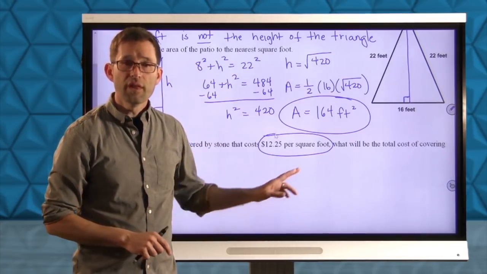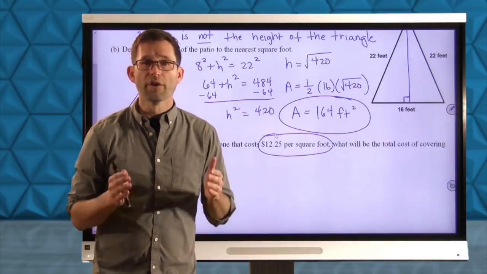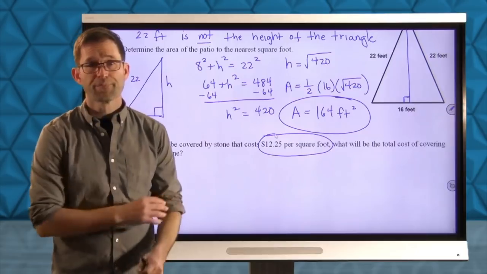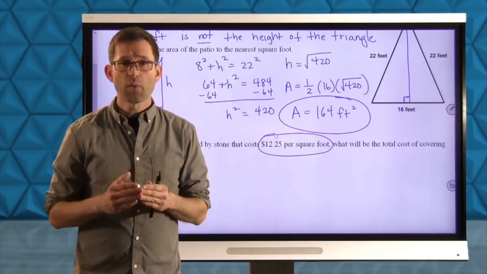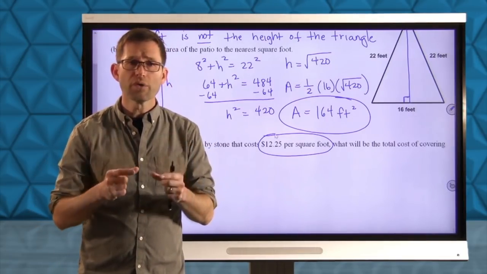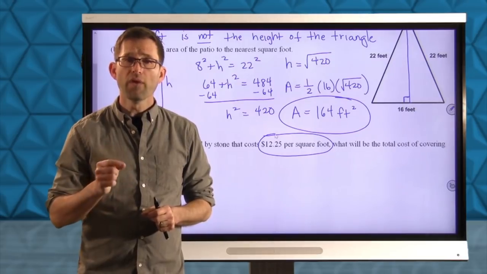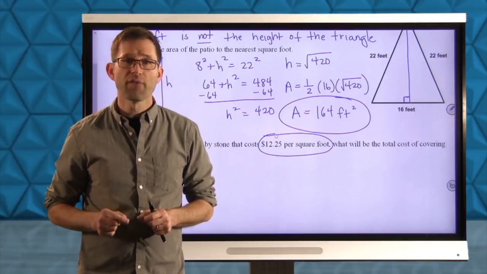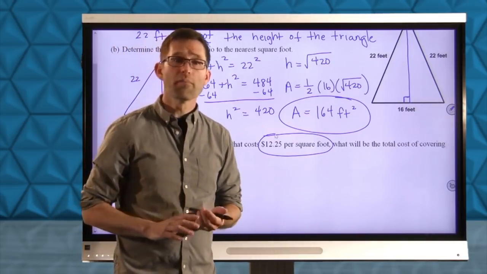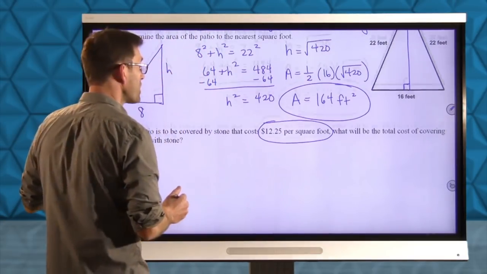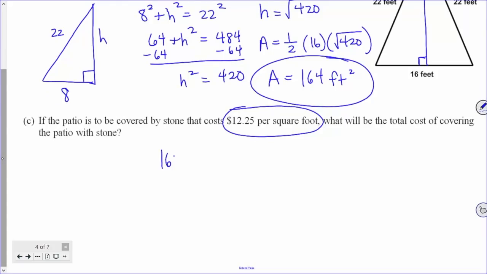All right, this is another example of what we call a unit cost or a density. In other words, for every square foot, for every one of those 164 square feet, we've got to pay $12.25. So it makes sense now to simply use multiplication. In other words, I'm going to do 164 square feet and multiply by 12.25 per square foot.